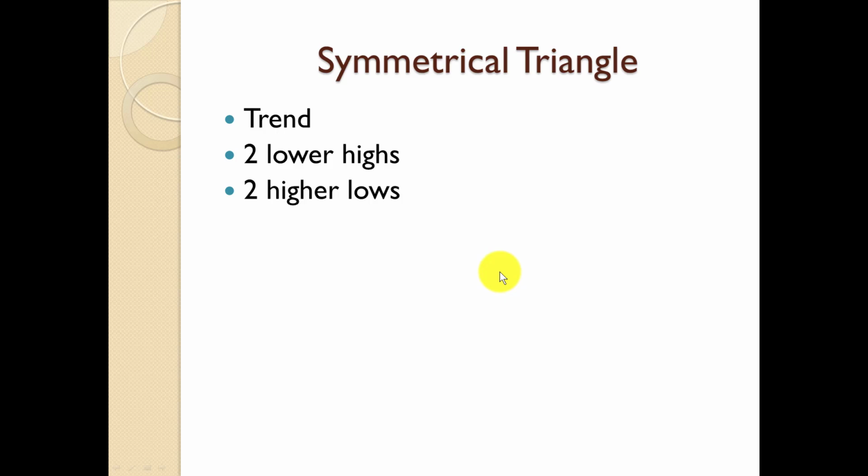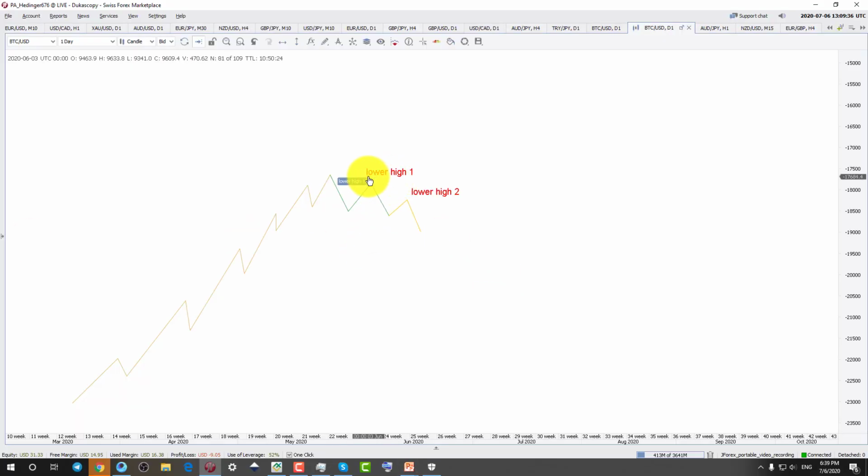Two lower highs are forming, but is the price making two higher lows? Well, now this is difficult because I had to pull it here, because such price action is like this.